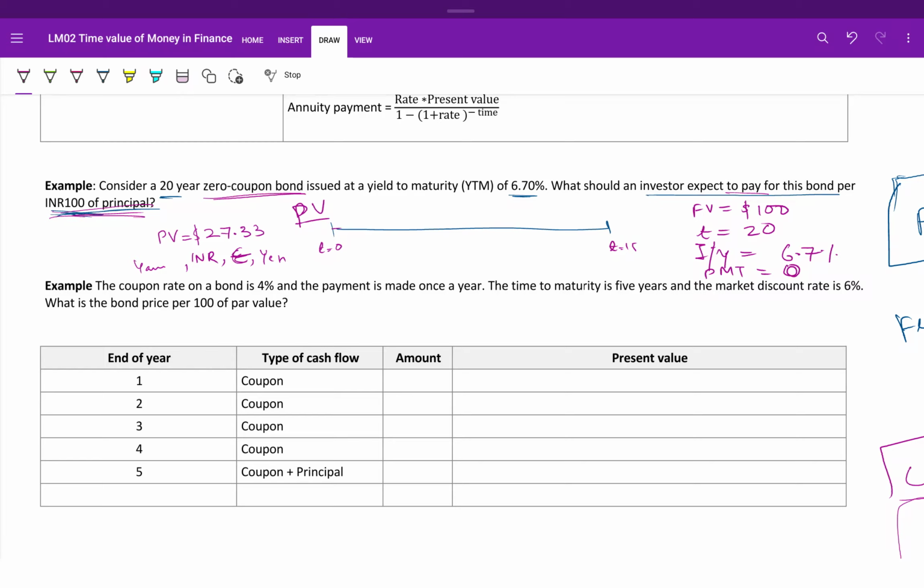And yes, 27.33 is actually a very alarming number when we talk about $100. But now understand this thing. This is how the time value of money concept works. You invest 27.33 rupees or 27.33 dollars today, and this is going to give you $100 at the end of 20 years if the yield to maturity is 6.7%.